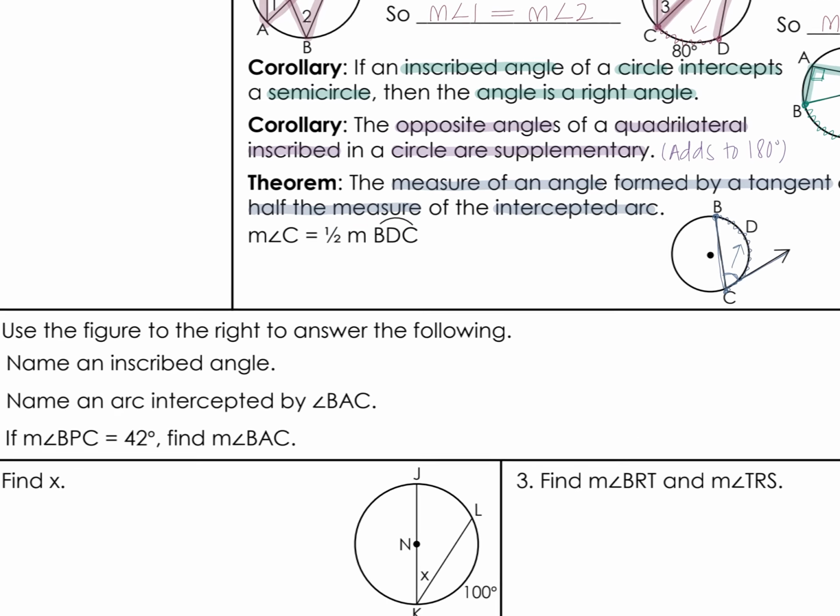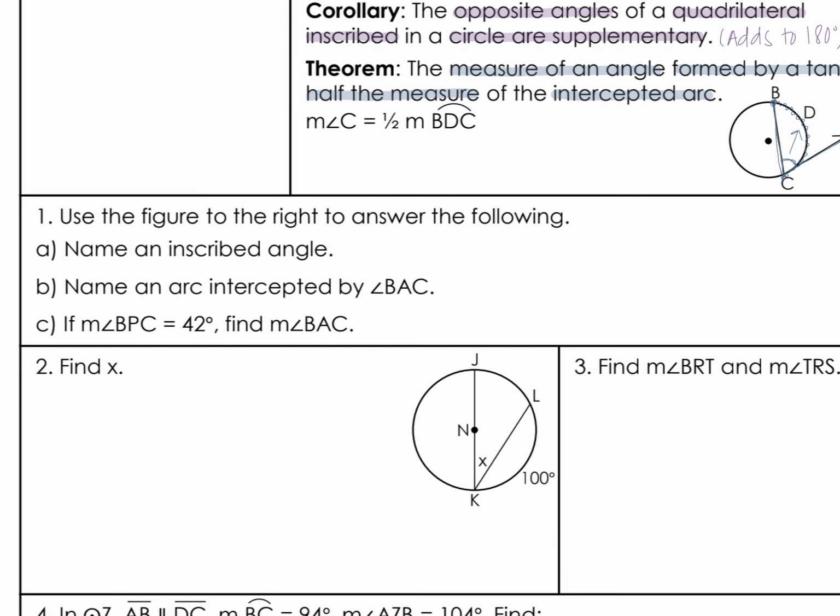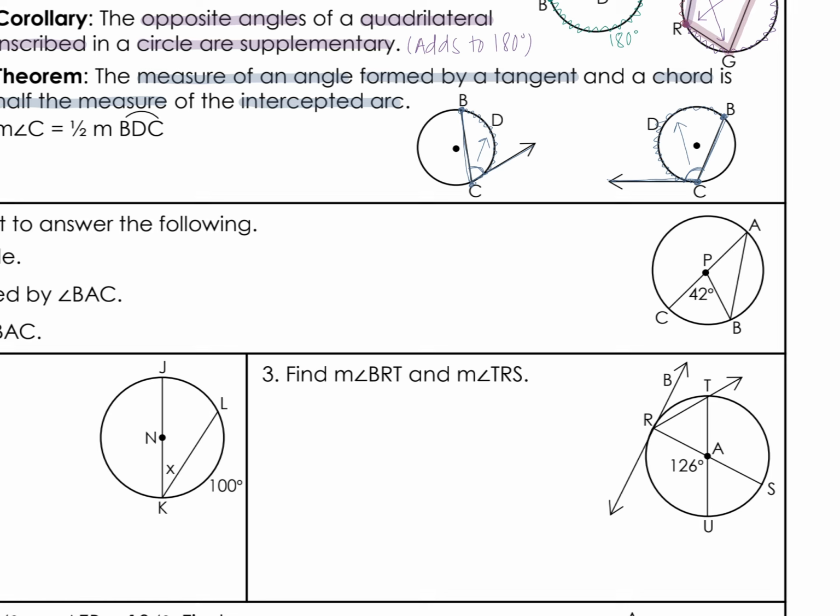All right, now let's look at some practice problems where we can solve. Okay, so we have: use the figure to the right to answer the following. We're going to name an inscribed angle in this picture. So we're looking for an angle that has its vertex on the circle. Well, we have two vertices on the circle, right here where that A is, or even where that B is.